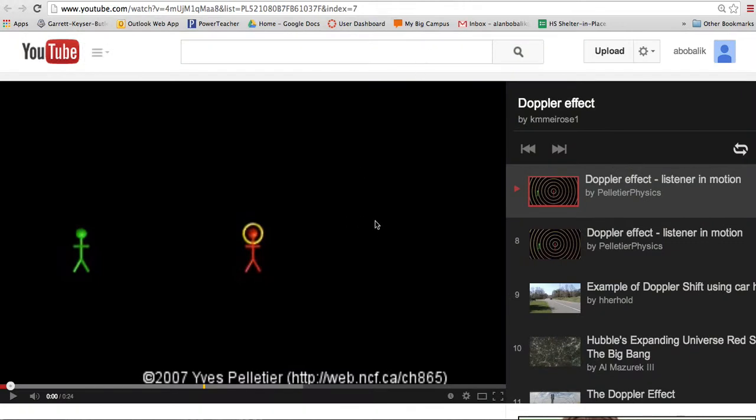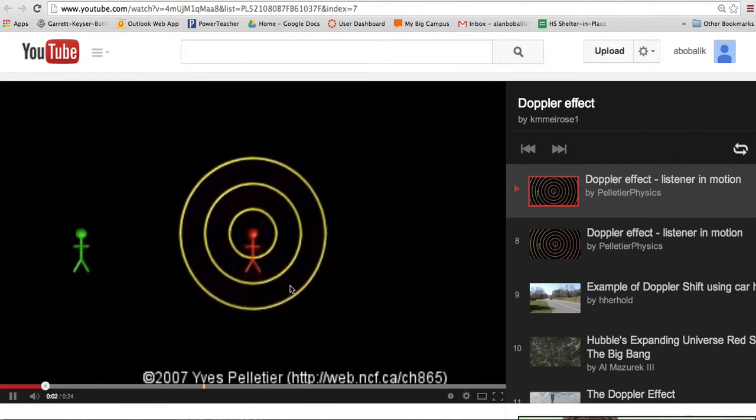I think a good way to demonstrate it is to actually see what it looks like. We can't see sound waves, but we can make a visual representation of sound waves. So here in this situation, we have two different people. Here's a green guy, here's the red guy. The red person is the source of the sound. He can be singing, humming, who knows what he's doing, but he is the one giving off the sound.